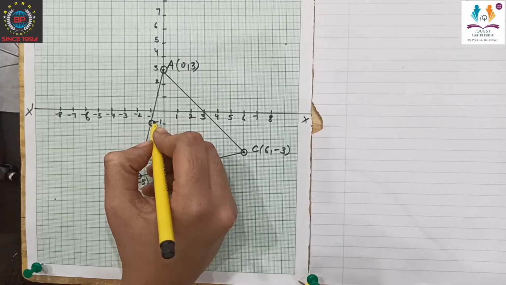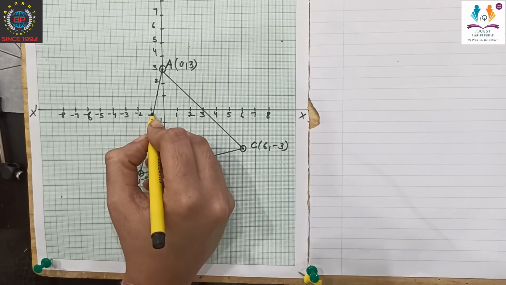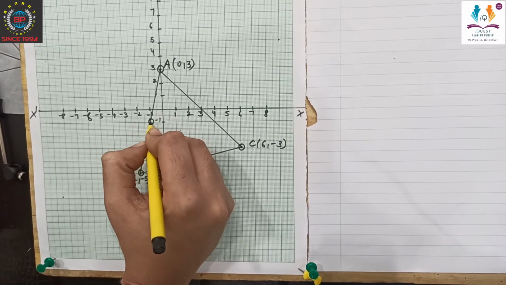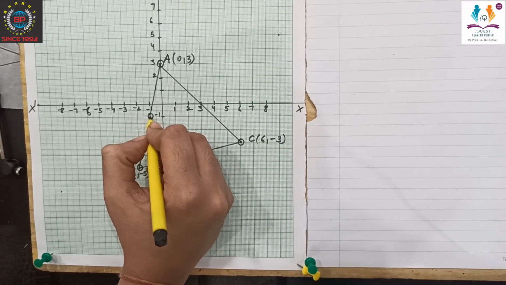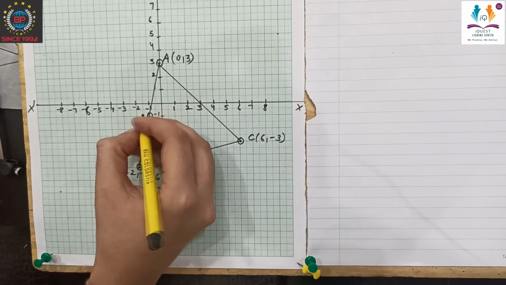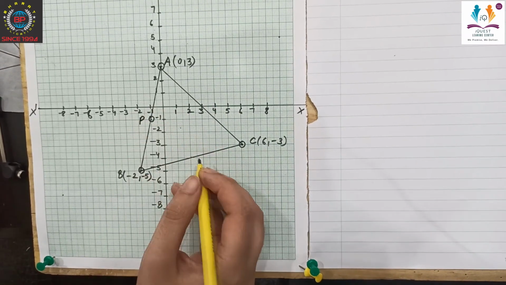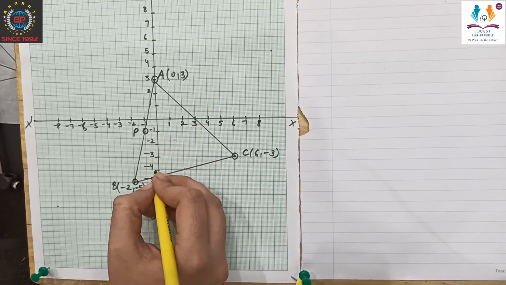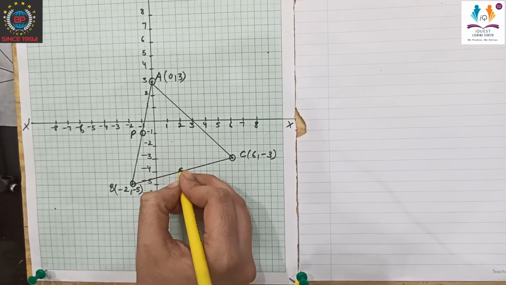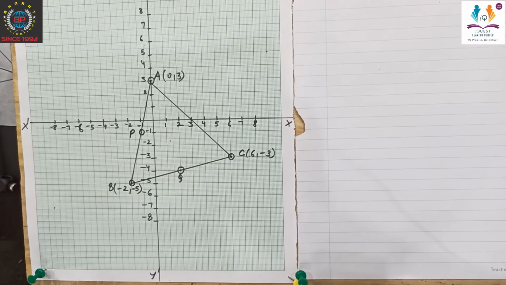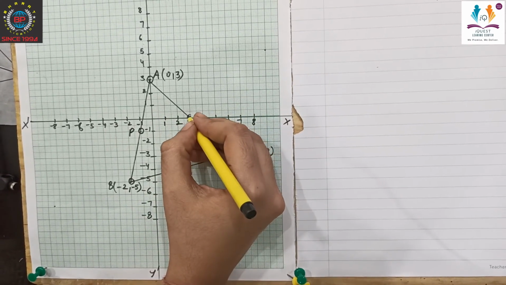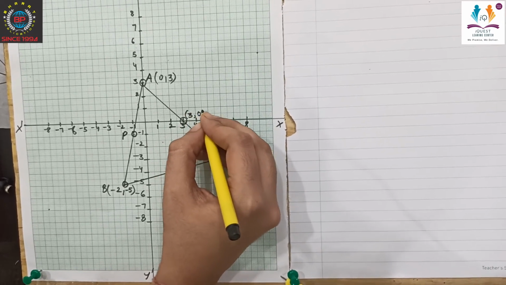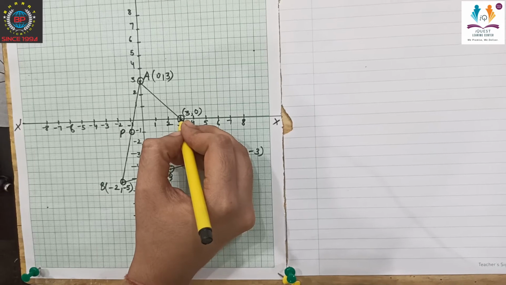So now, -1 and -1. -1 is the x coordinate and -1 is the y coordinate. This is P. Now Q is 2, that is the x coordinate, and -4, that is the y coordinate. So R is 3, that is the x coordinate, comma 0, as it doesn't touch the y axis.